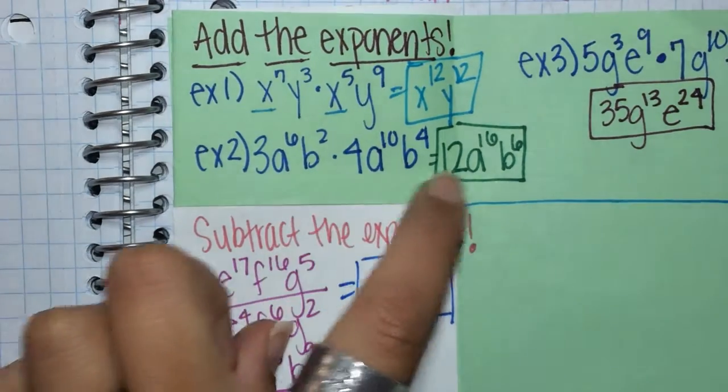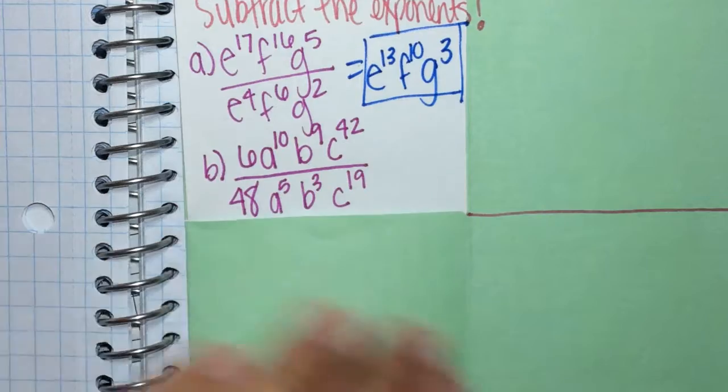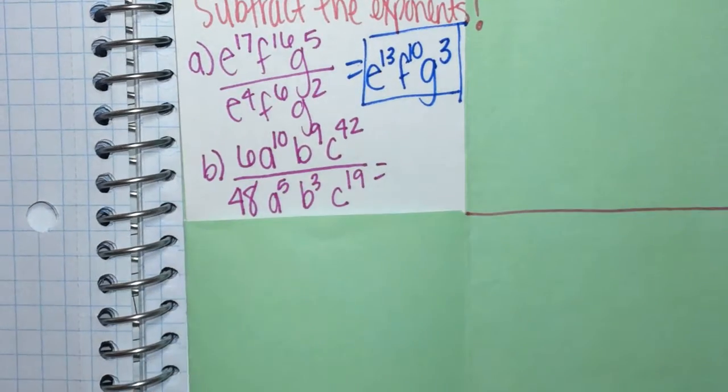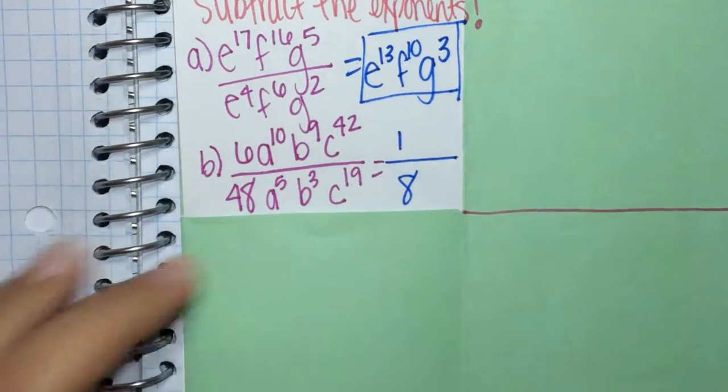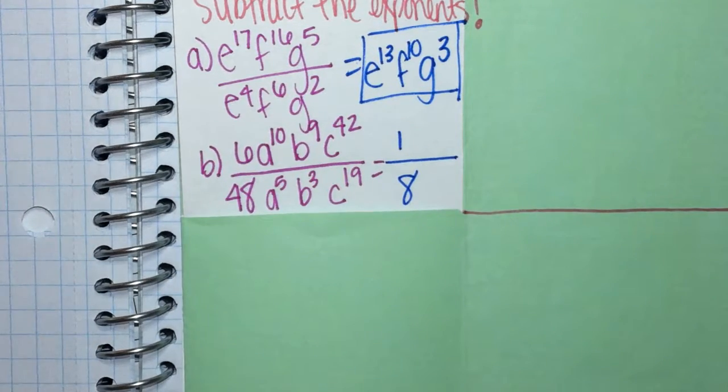We did 3 times 4 and we got 12. So here we're going to divide the coefficients. 6 divided by 48 is 1/8. We're not done.